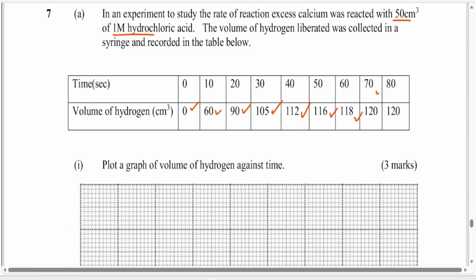At 70, 120 cubic centimeters were produced. And at 80, it also remained at 120 cubic centimeters.